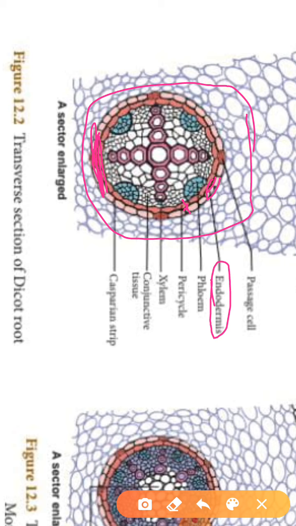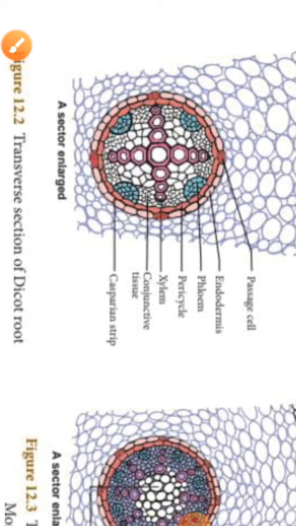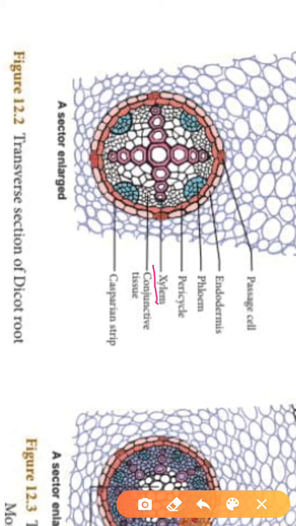Location: endodermis opposite to the protoxylem. Thin-walled cells without Casparian strips are called passage cells. These passage cells help in movement of water and dissolved salts from cortex into the xylem.